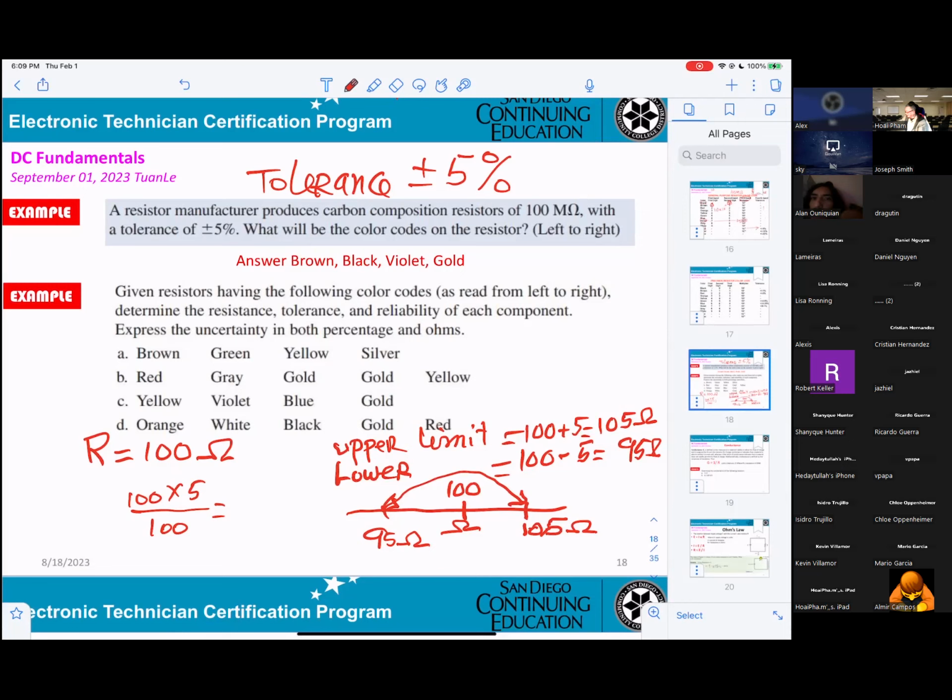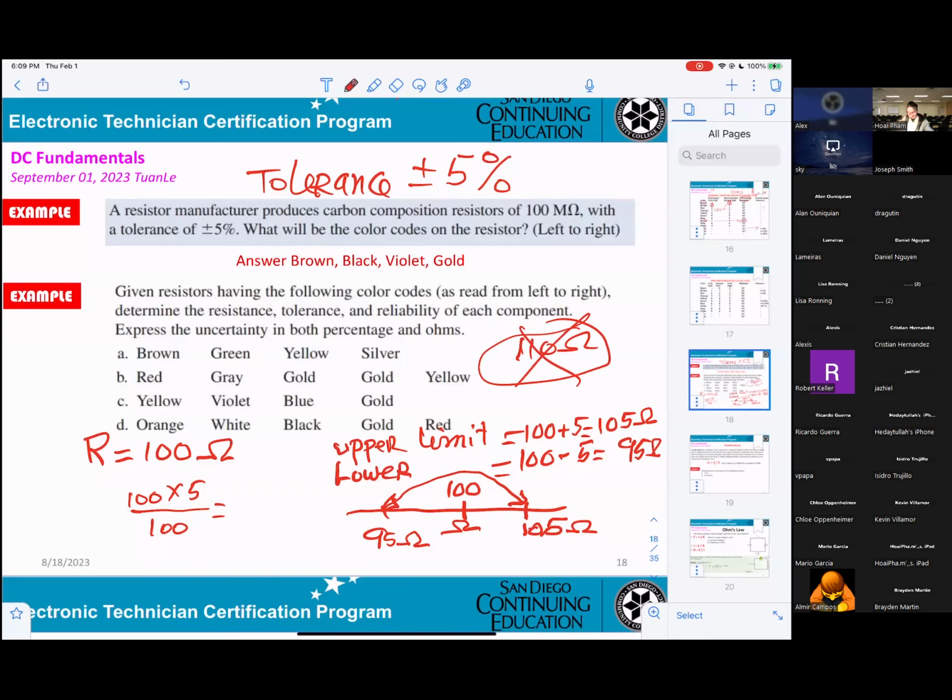Yeah, if you get a value of 110 ohm, is it okay or no? No, you can't use 110. The max you can use is 105. That means when they give a tolerance, you have to know what is the maximum and what is the minimum that can be accepted. That is the way we calculate it. In this case, we get 105 ohm maximum and 95 ohm minimum. If you get a value of 110 ohm, that's not good.